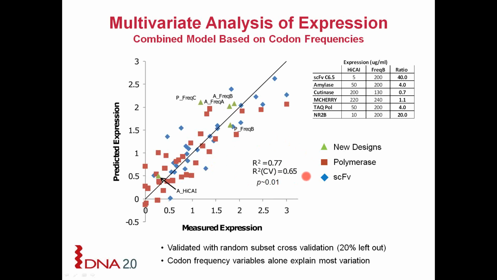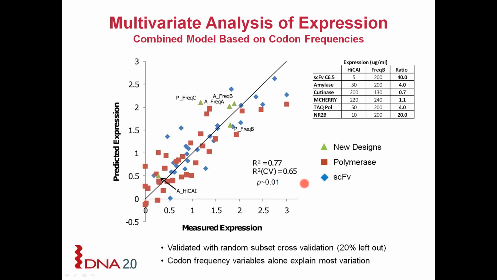The most important statistic here is the cross-validation statistic, this R² CV, which is the ability of the model to predict left-out data. So when we leave 20% of the data out and we build a model with the remaining 80% of the data, how well does it predict that left-out data? In this case, it predicts it very well.